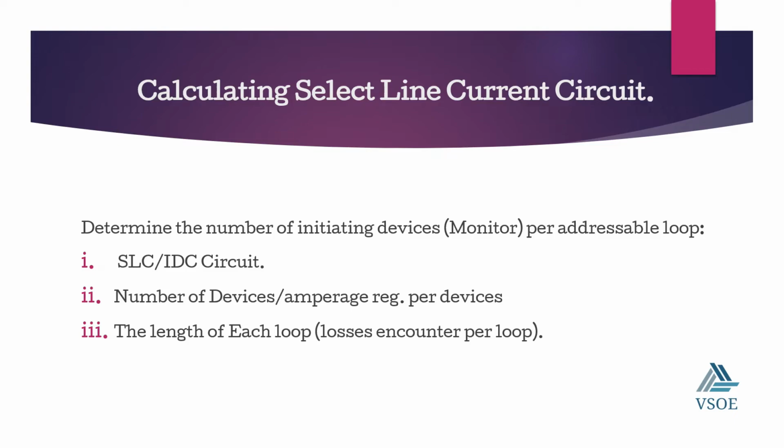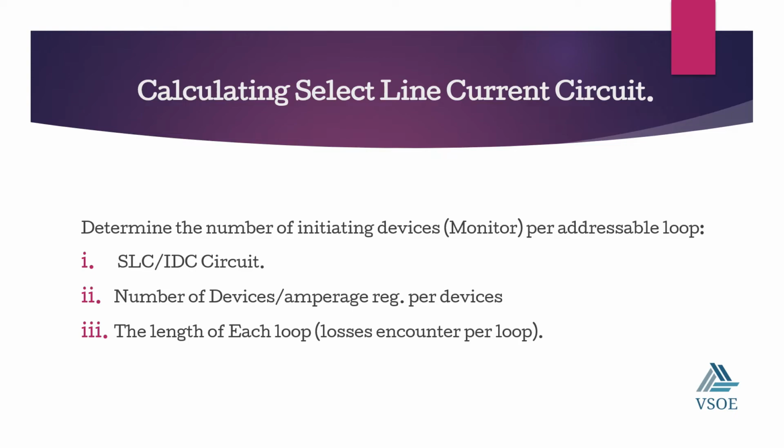And then the specific value for the device that is used on the input side of that initiating device, right? Or for the panel, they would have a certain amperage level.